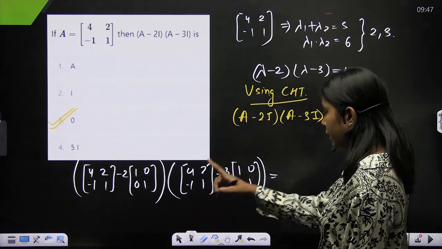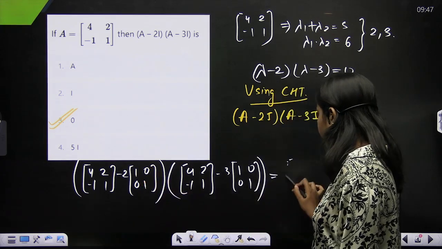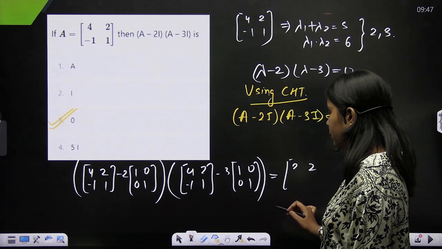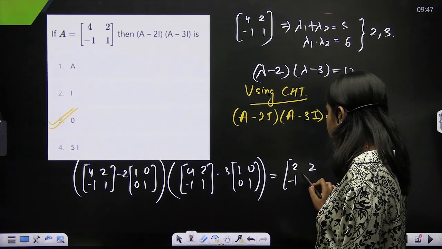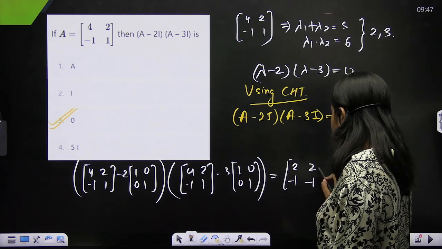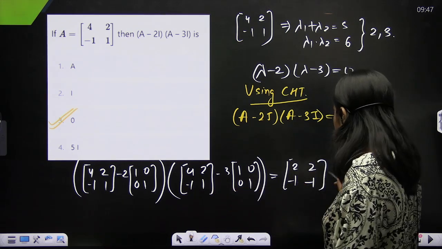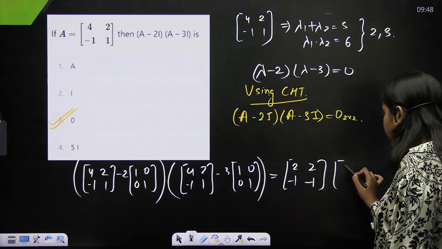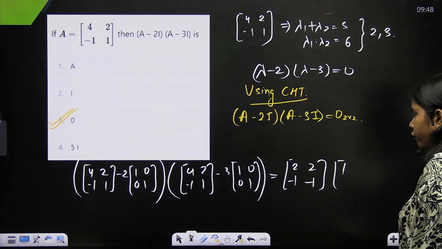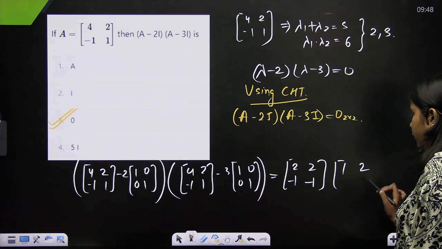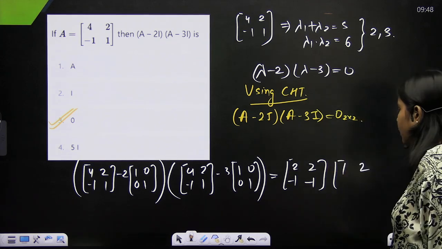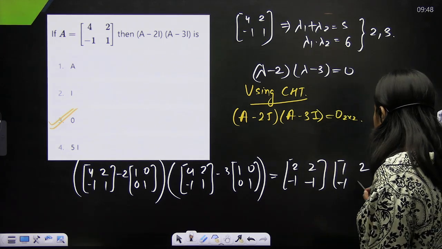What would I get here? 4 minus 2 is 2, 2, and minus 1, and 1 minus 2 is minus 1. This is my matrix. And solving the other one, 4 minus 3 is 1, 2, minus 1, and 1 minus 3 is minus 2.